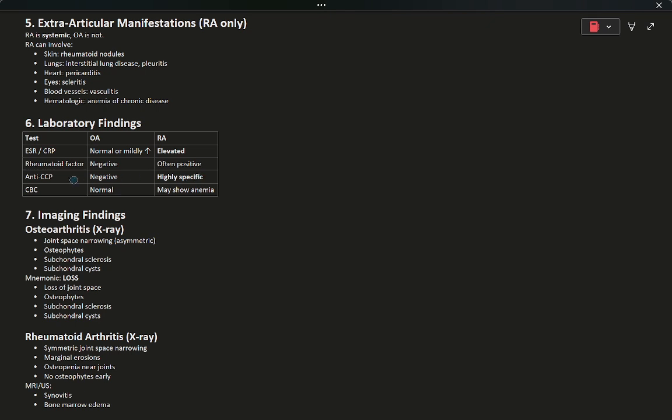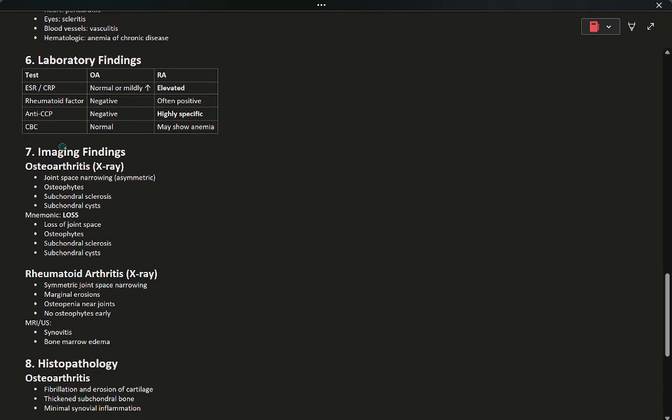So, if this has a positive result, then you can say with a significant degree of certainty that the patient has rheumatoid arthritis. And then for complete blood count, it may be normal in osteoarthritis, but in rheumatoid arthritis, the patient might be a little bit anemic.